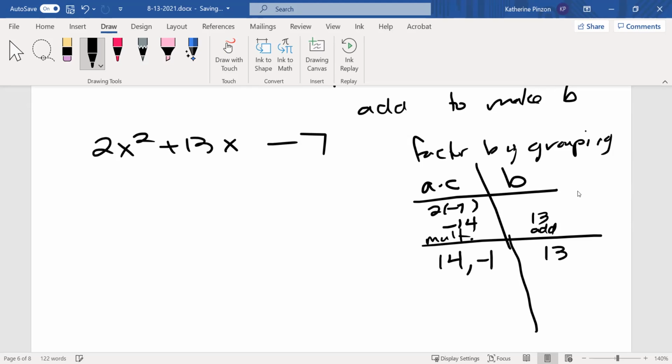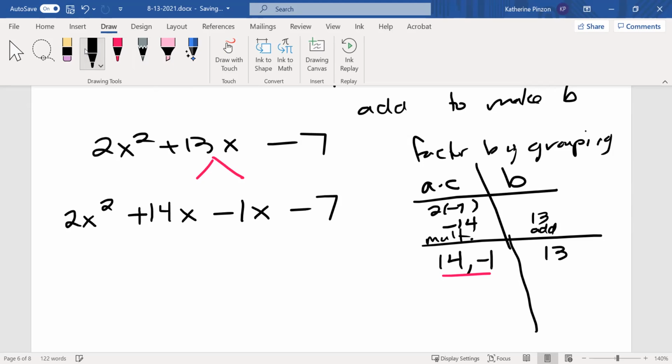When I do 14 plus -1, I get 13. So what I do is I break this middle term up into 14x minus 1x. So I have 2x squared plus 14x minus 1x minus 7.